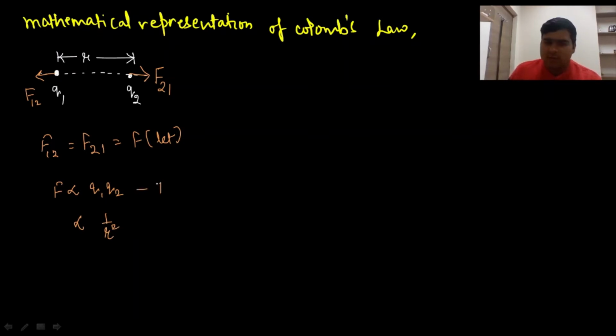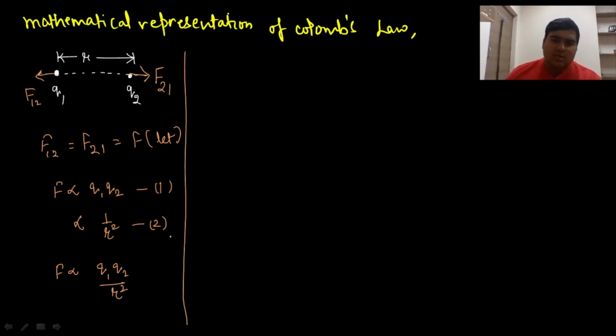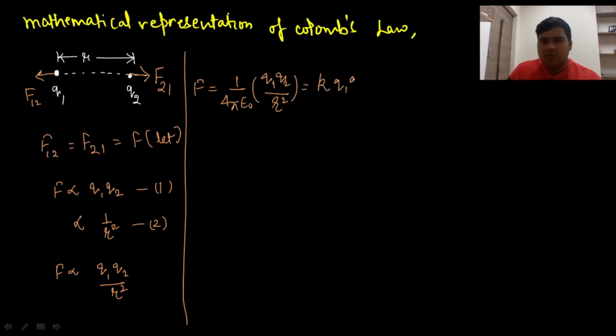Combining both, force is proportional to Q1 Q2 by r square. Removing the proportionality sign, force is equal to 1 upon 4 pi epsilon naught Q1 Q2 by r square, and sometimes this is represented as k q1 q2 over r square.